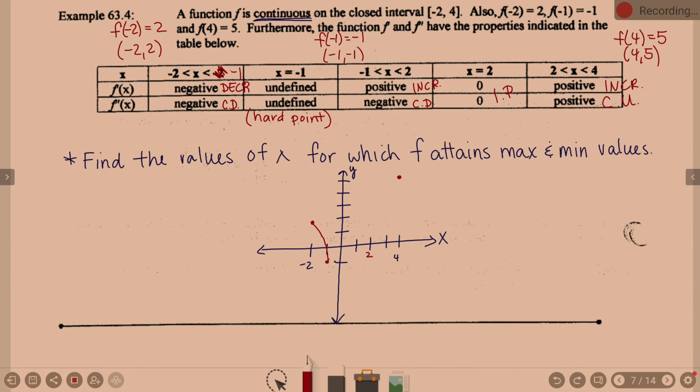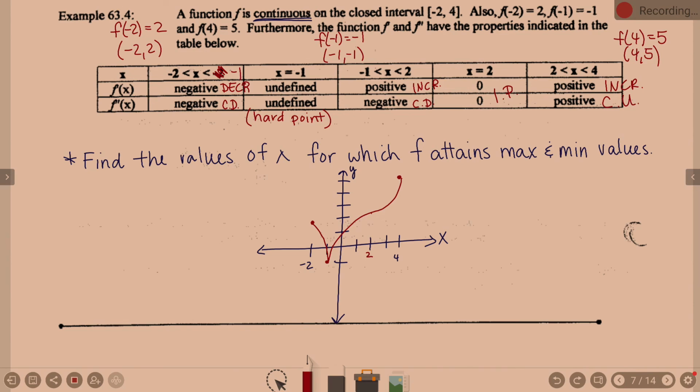So from -1 to 2, I'm going to increase and be concave down. Then above 2, I'm still increasing, but I'm going to switch and be concave up. We don't know where above 2, just whenever it hits 2. So that's kind of my graph.